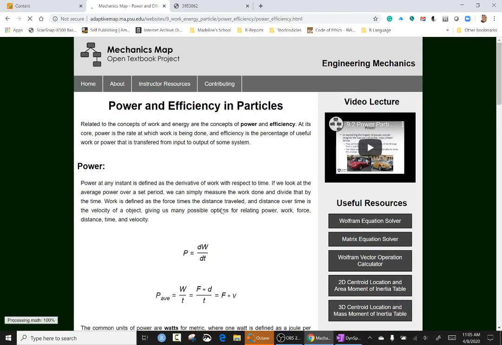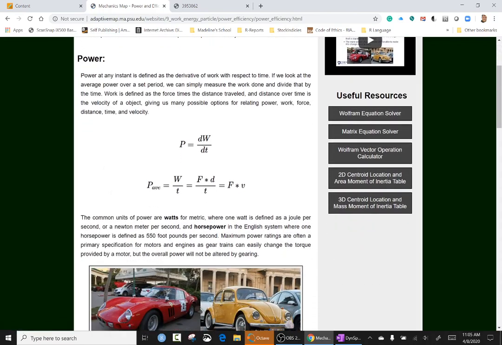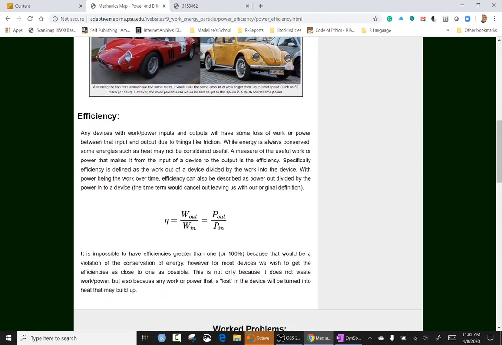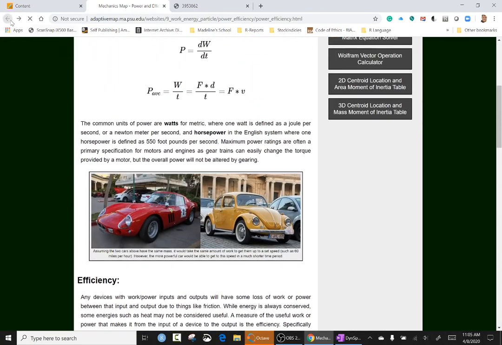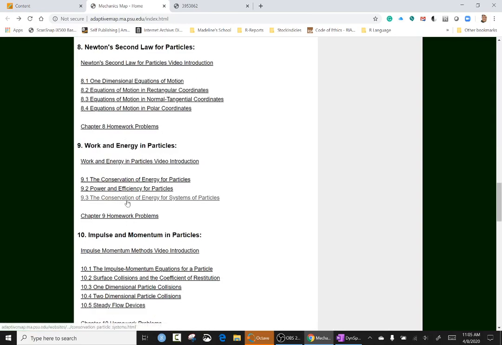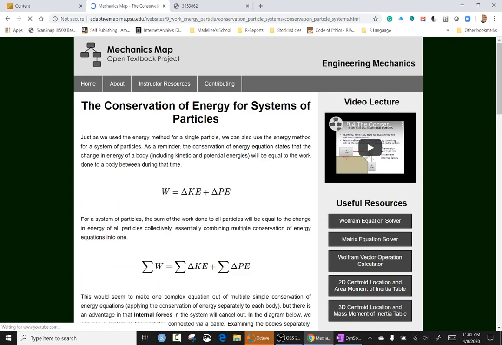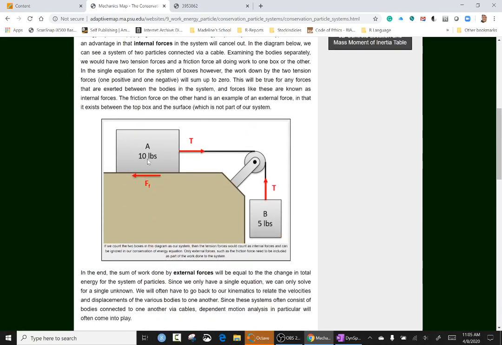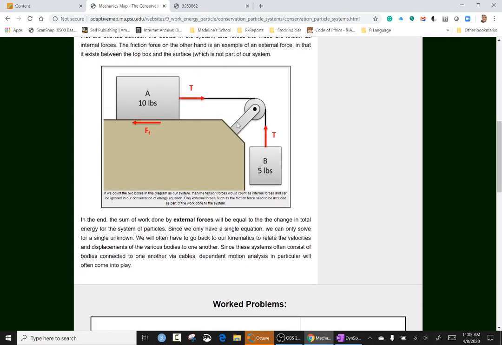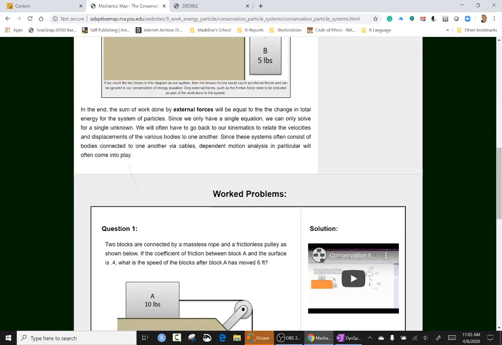Power and efficiency, which is a good problem here. And for a system of particles, for example, something like that, this A and B would be considered two particles, but they're boxes. The tension is common between them as long as this pulley doesn't have any friction.